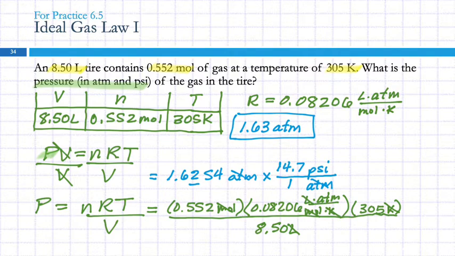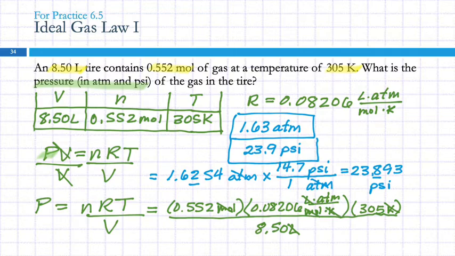So I take that pressure in atmospheres and I multiply by 14.7, and that's going to give me 23.893, again with 3 sig figs. So 23.9 PSI is the other answer.